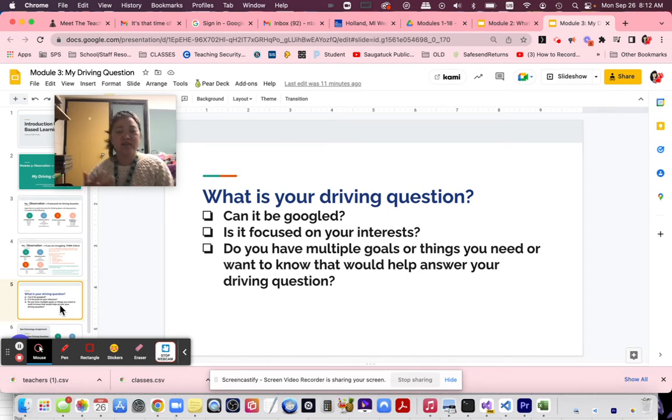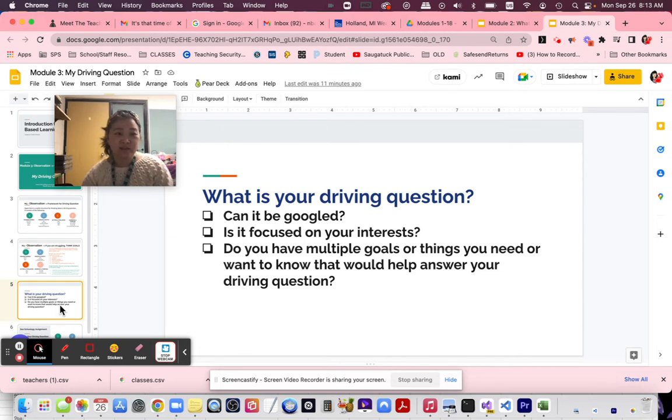Could I then have some goals in creating a travel log or a quick travel conversation where students or people my age could learn how to speak some basic conversational Spanish that goes along with learning about the culture? So think about how you can broaden that umbrella a little bit. How can you make it a little bit wider or more general and then put some things underneath there that also have multiple goals or interests that you might have?